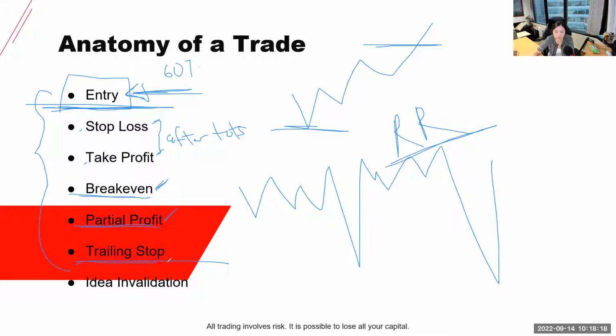And then the last part will be idea invalidation. So this is part 1 of 4. This will be part 2 of 4, and then part 3 and part 4 of 4. This will be covered in the rest of this session moving forward.